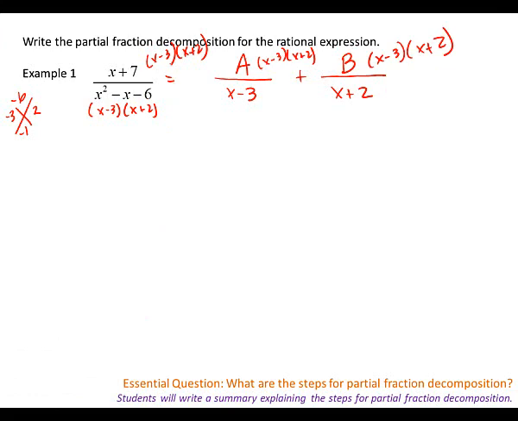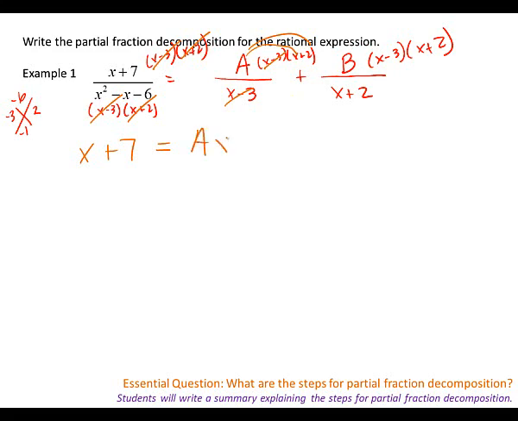Use orange. Okay, so I'm going to cross out everything here, right? So the only thing I'd have left would be x plus 7. What crosses out in this second fraction? X minus 3. Good. And while I'm doing this, I'll distribute in the a.